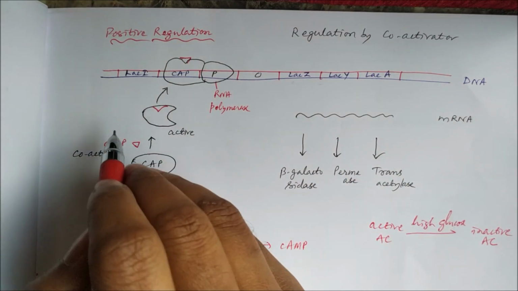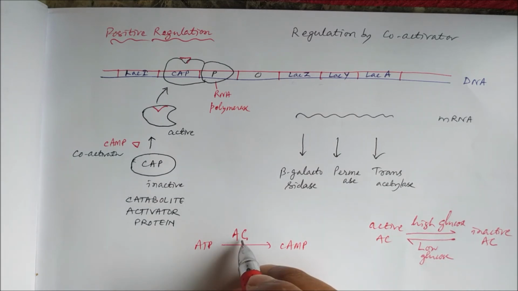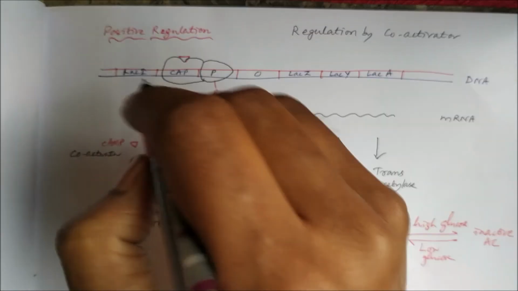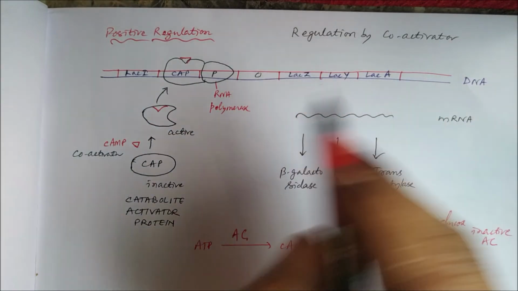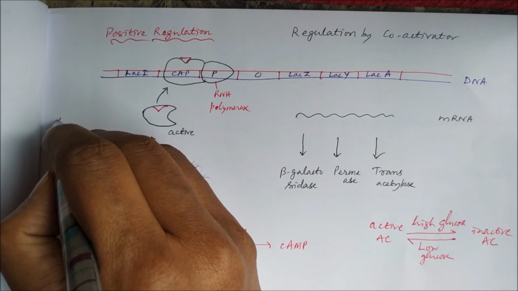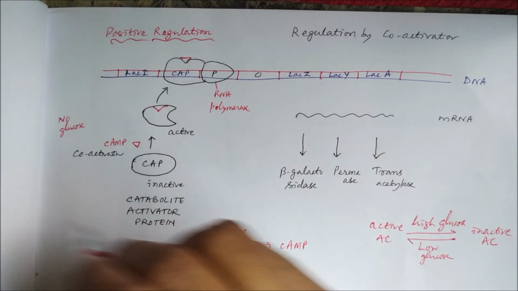So this operates only in case of low glucose. When there is low glucose or no glucose, then adenylate cyclase is active and cyclic AMP is produced. So when there is no glucose, we need glucose.